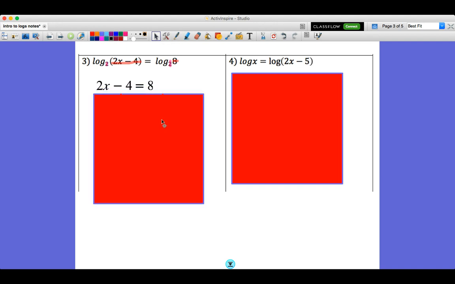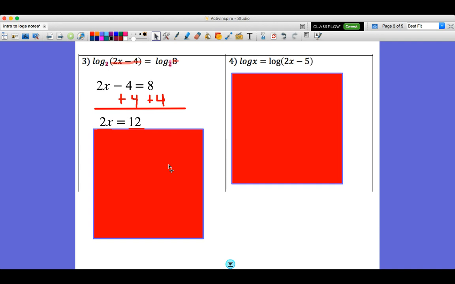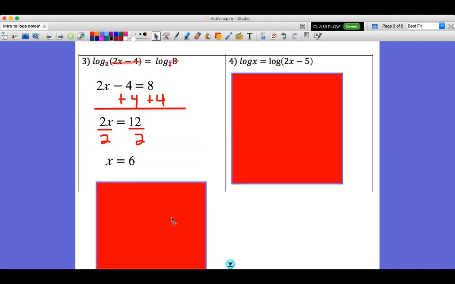So 2x minus 4 equals 8. That one's going to take 2 steps. So we want to get x by itself, add 4 to both sides, 2x equals 12. And then our last step, remember you want to divide to get x by itself now. So to get rid of that 2, we're going to divide both sides by 2. And if you worked ahead on this one, you should have got that x was 6.